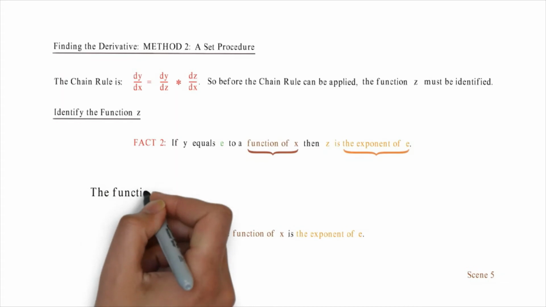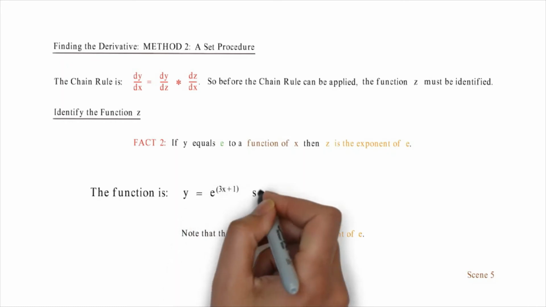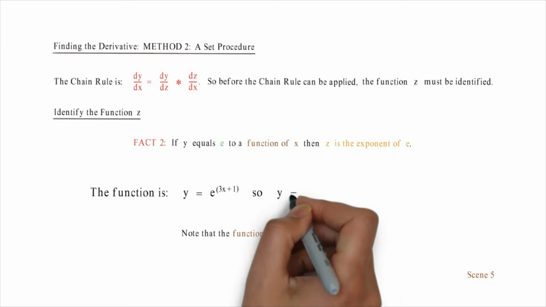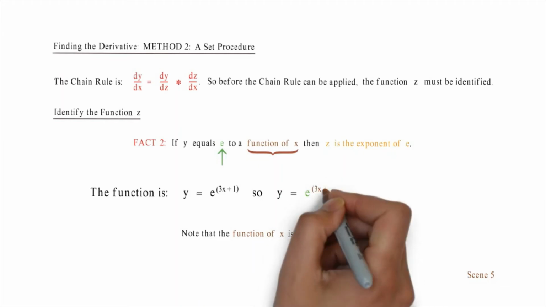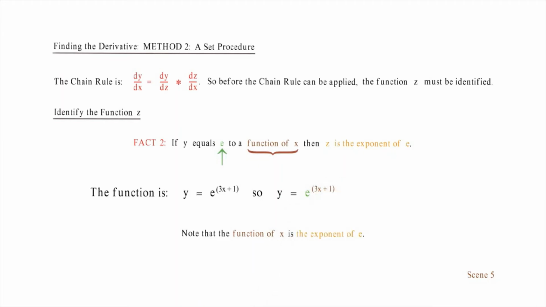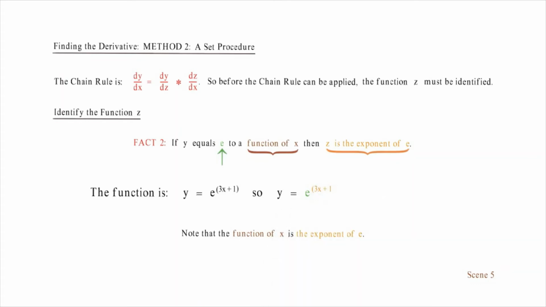The function is y equals e to the 3x plus 1. So y equals e to a function of x, which is 3x plus 1. Then z is the exponent of e, which is 3x plus 1.